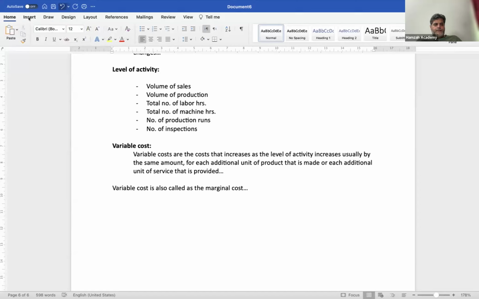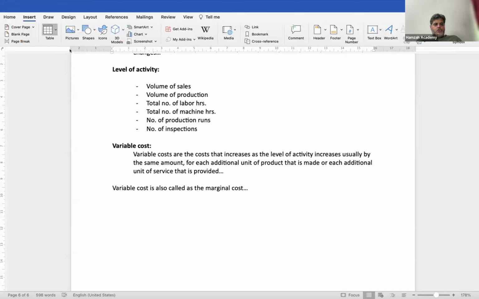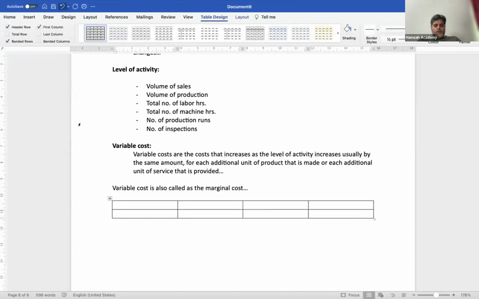And let me just show you basically what I want to say over here. Like, for example, we have a product. We have a per unit cost. We have the number of units, and then we have a total cost.